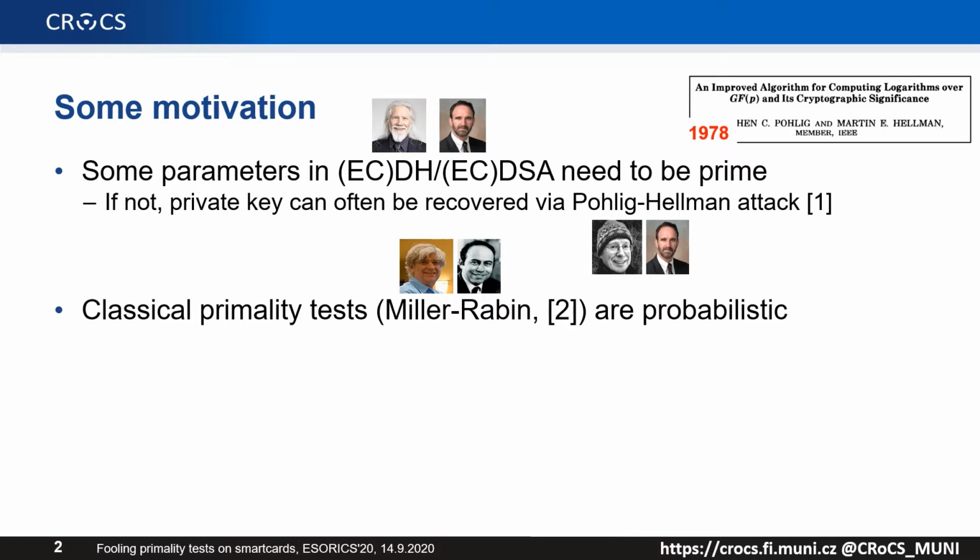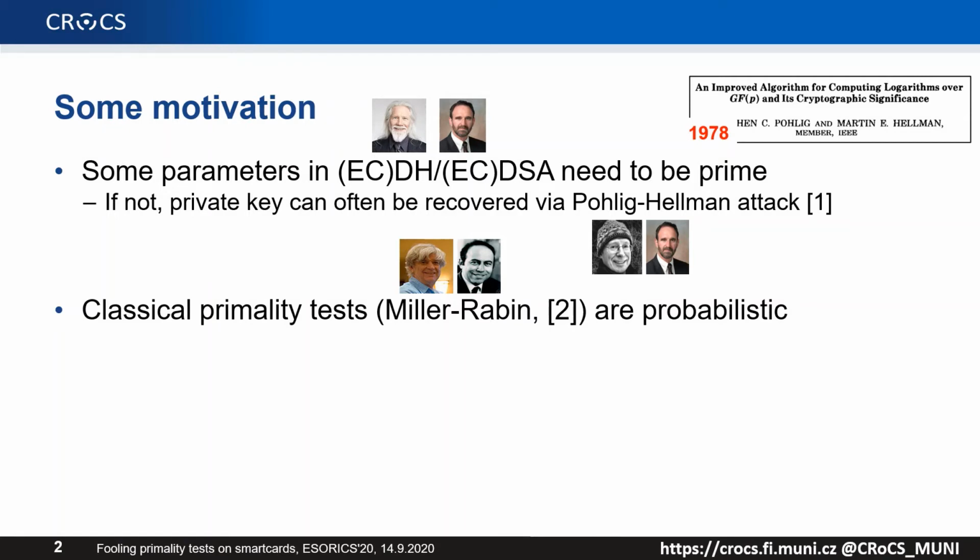So how to achieve this? There is one option: to construct the numbers to be provable primes. So we construct them so that for sure they are primes. But this construction is time-consuming, and especially on limited devices, that's difficult. So another option is to utilize some probabilistic primality testing algorithms like Miller-Rabin.